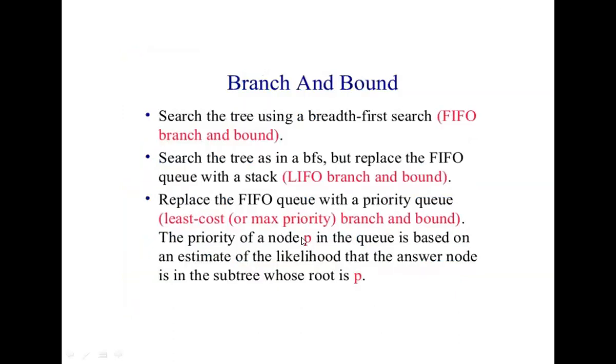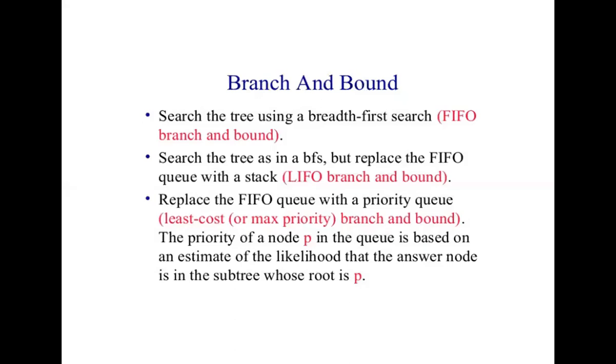Coming to branch and bound, this is the same as backtracking, but backtracking uses a depth first search with pruning, whereas the branch and bound algorithm uses a breadth first search with pruning.